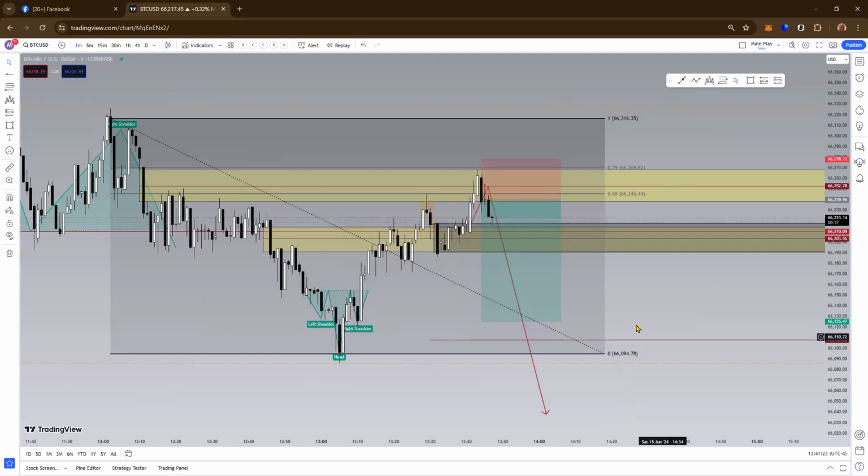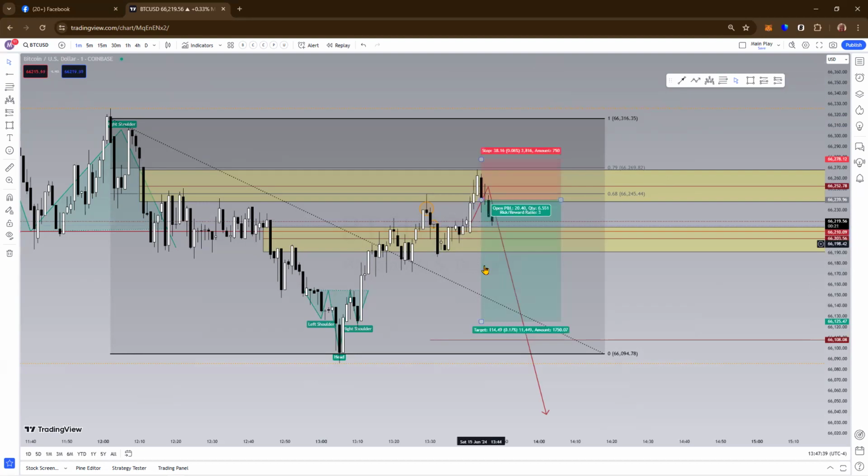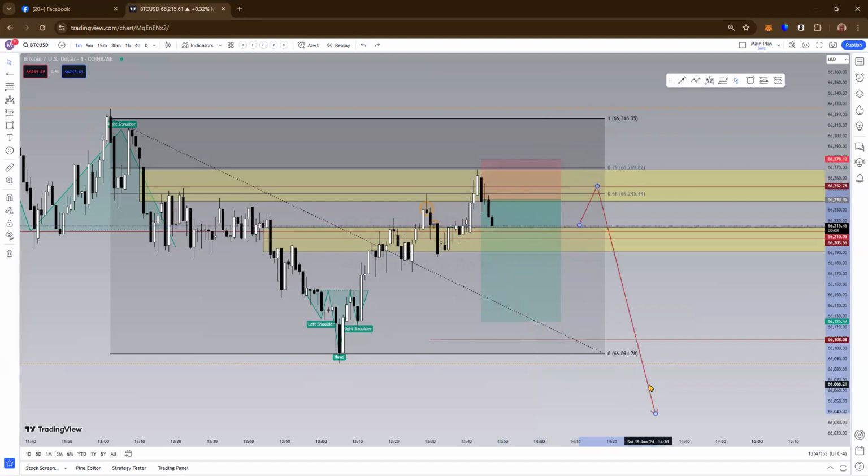So let's see if we can get that 1 to 3 ratio. Okay. So let me delete this. You can see my red line was my anticipation line, right? My prediction right there. So that was kind of on point, because now it's trending lower.